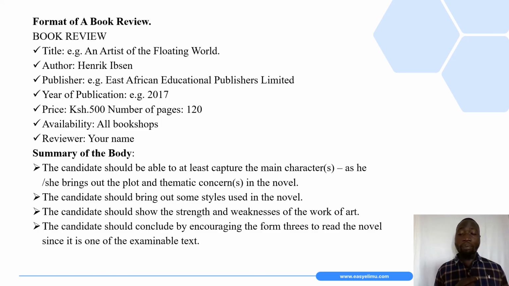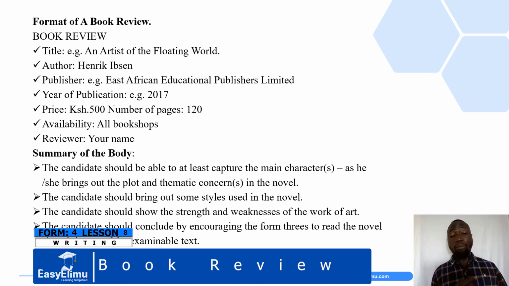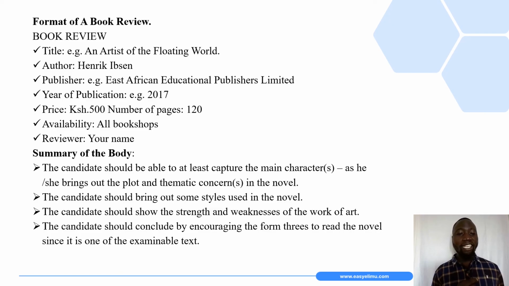So I hope that will be super helpful to you. So here's a summary of the body. That is how you are supposed to go about the body. We had mentioned a few under the steps, but this is just a summary of the entire thing. So the summary of the body, we are told that when developing your body paragraphs, number one, the candidate should be able to at least capture the main characters as he or she brings out the plot and thematic concerns in the novel.